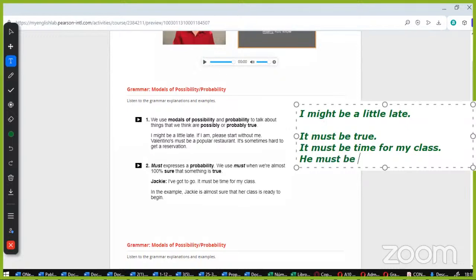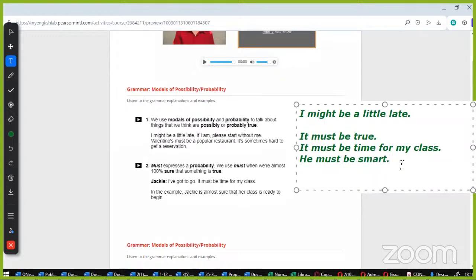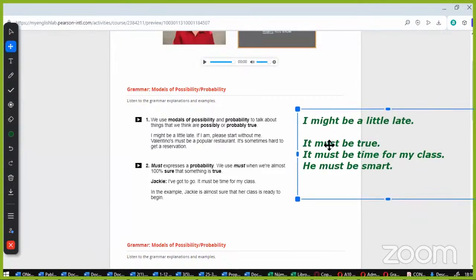He must be smart. When we're not 100%, but we are very sure that it's true, we use must. It expresses probability when you are almost 100% sure that something is true. And might expresses possibility, right? It's a possibility only. I don't know if you have any questions with both of them.